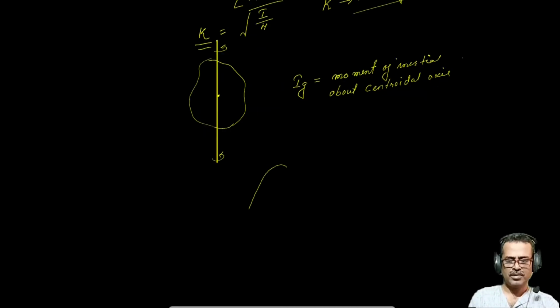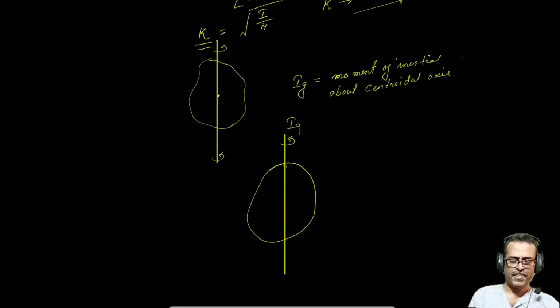Now this is the body, and it has a centroidal axis, and the moment of inertia of the body when it rotates about this axis is Ig.